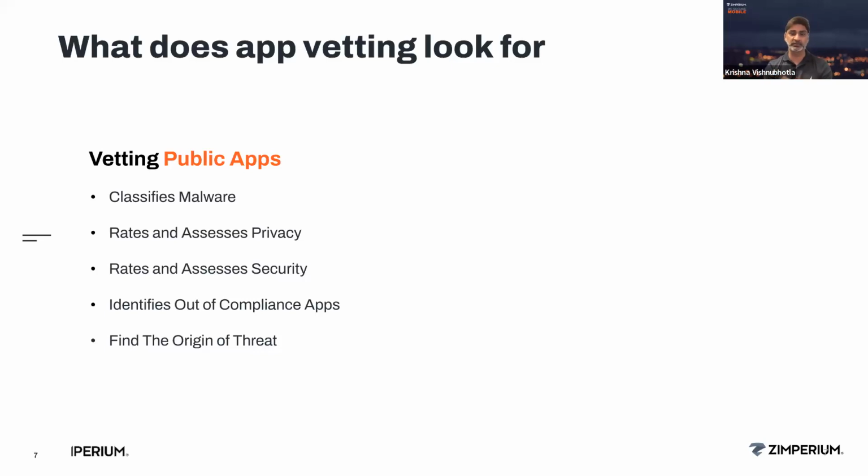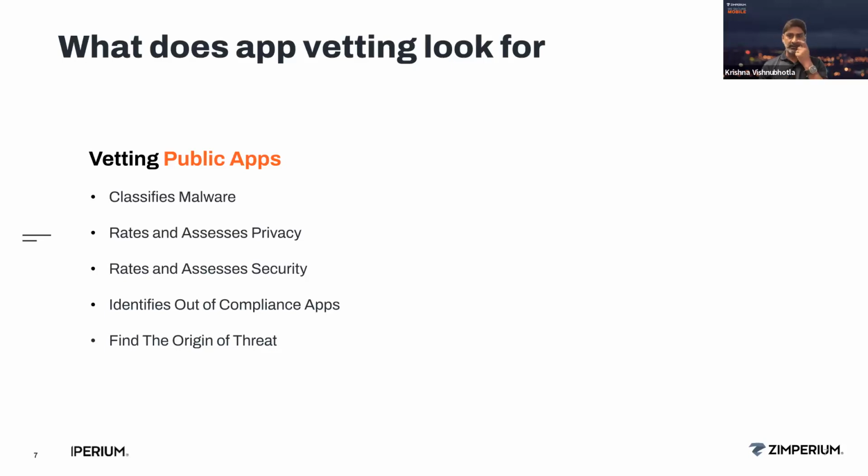There's a lot of concern, but over the years, there are a lot of such characteristics that made enterprises uncomfortable. And they were looking for solutions to say, I would like a way to say these apps have these characteristics and I want to mark them out of compliance. So these solutions look for these characteristics.